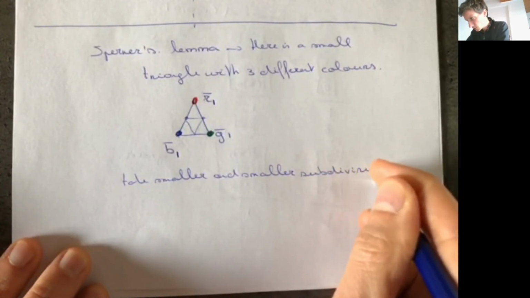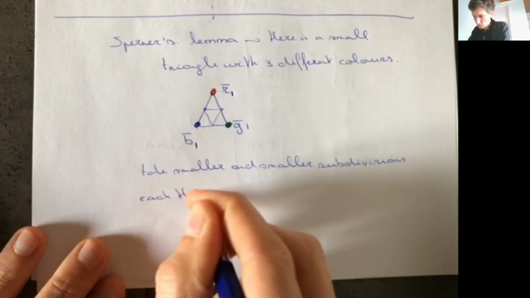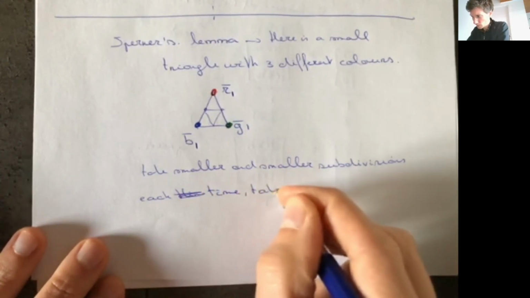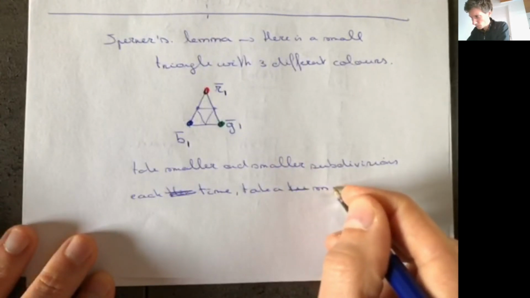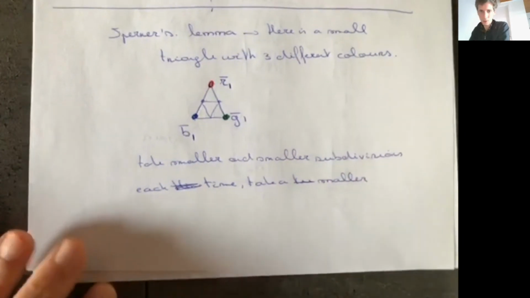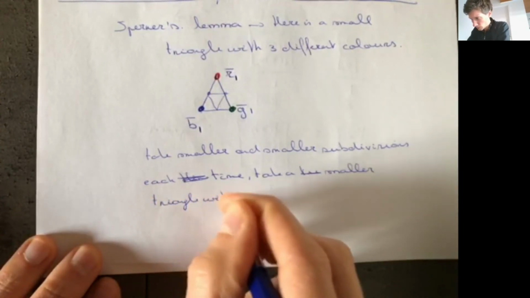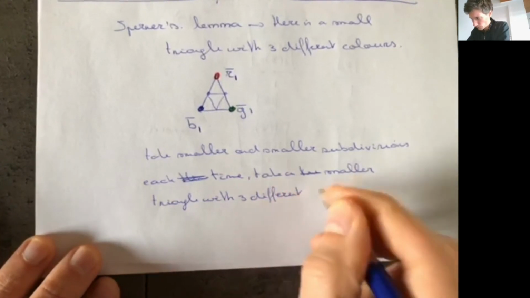So take smaller and smaller subdivisions each time. Take a smaller triangle with 3 different colors.